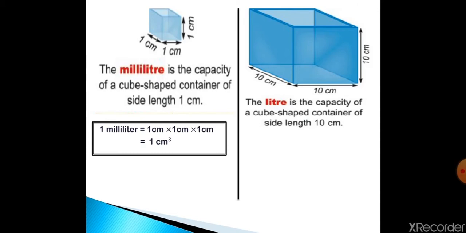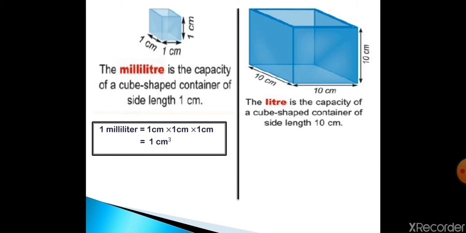So this unit is considered a bigger unit of measuring capacity. It's called liter. So the liter is the capacity of a cube-shaped container of side length 10 centimeters.